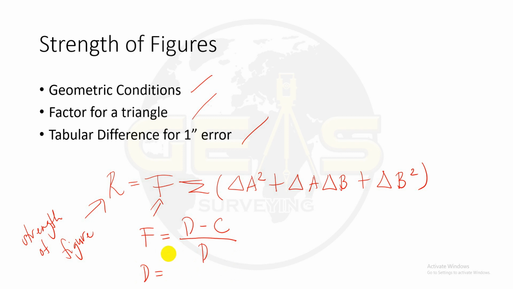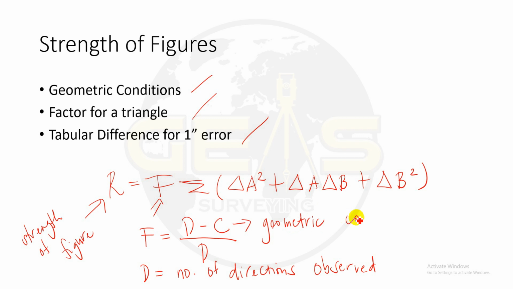Again, D is equal to the number of directions observed. And C is the geometric conditions. A and B are distance angles.